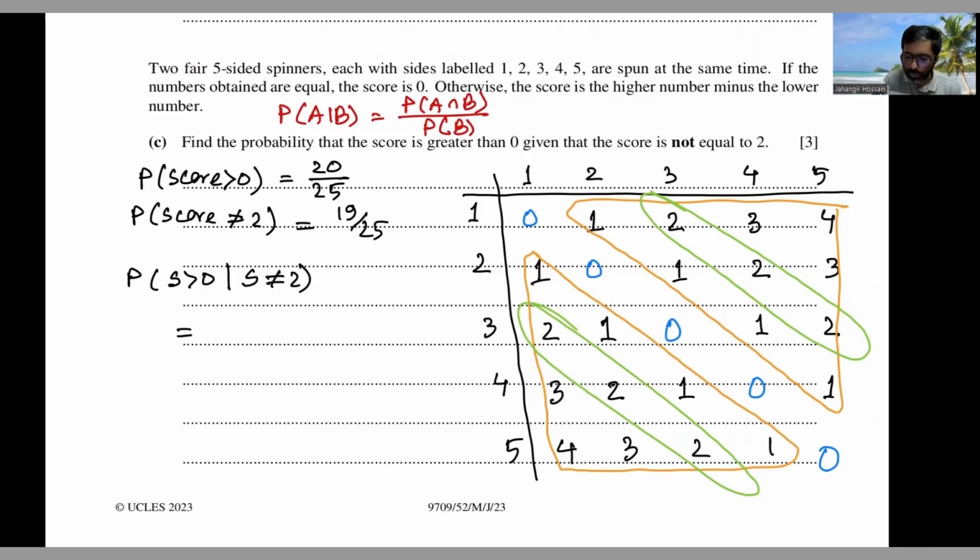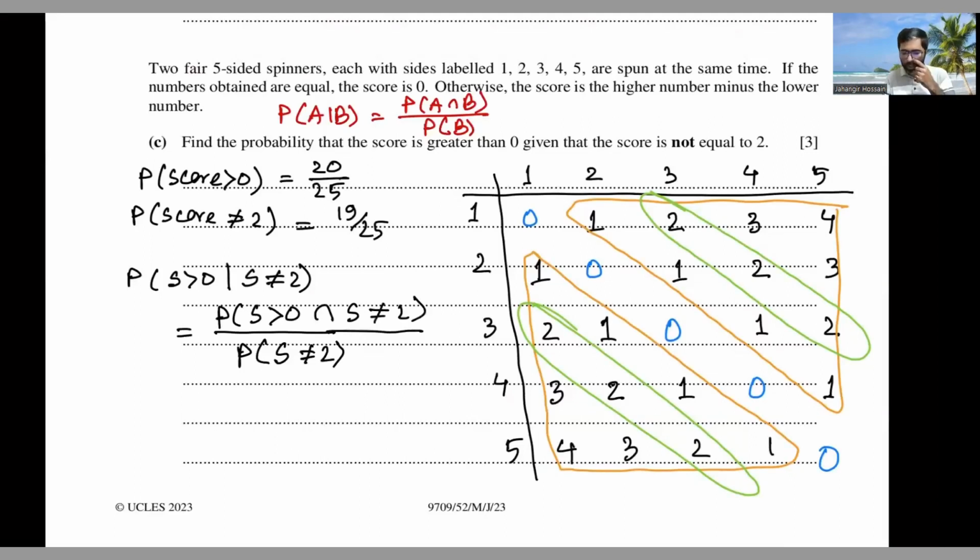The given condition will be in the denominator. So the probability of S not equal to 2 is in the denominator, and in the numerator we have to find the probability of S greater than 0 intersection S not equal to 2.